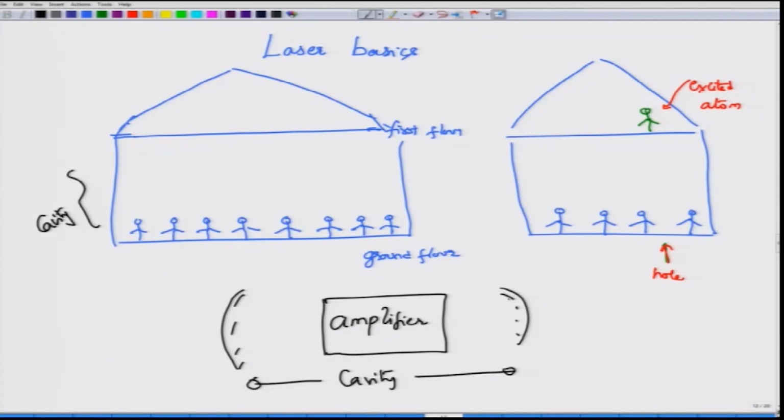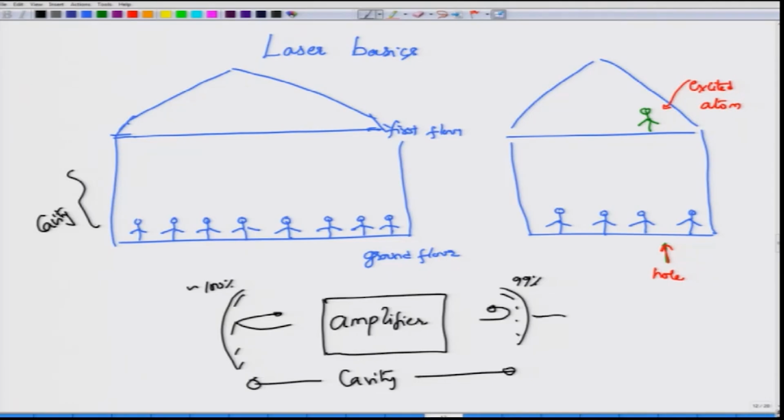So, this cavity is usually formed with mirrors such that one of them is very nearly fully reflecting, so any radiation that comes is just reflected back, whereas the other one is still reflecting, but only about say 99%.